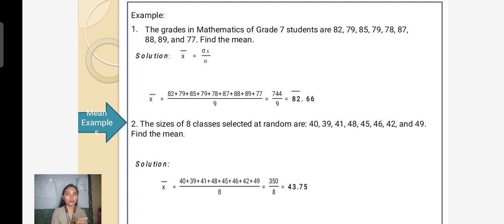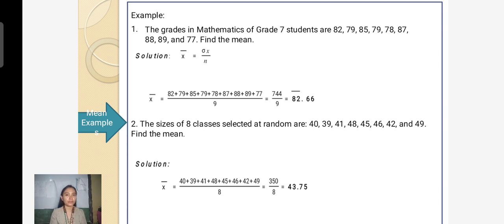Kay pag-copy na ako, sakto akong gibuhat sa akong slides, pero pag send na nako, nausab siya. I don't know why. Pero padayon gyapon ta. So to find the mean, imo siyang i-add tanan nga grades no, and then divide it by 9. The result is 744 over 9. That is equal to 82.66. So na siya bar above sa 82, kaya repeating man siya 6666, or it can be 82.67.